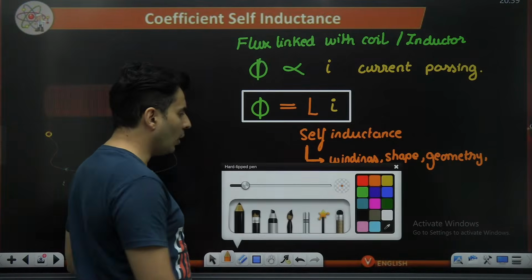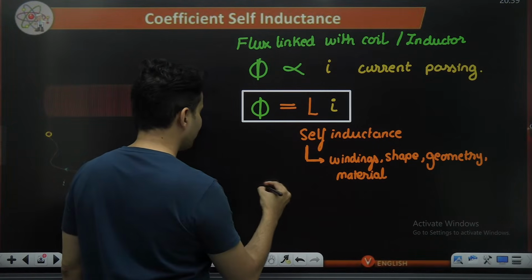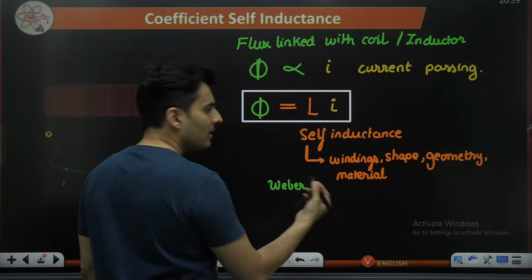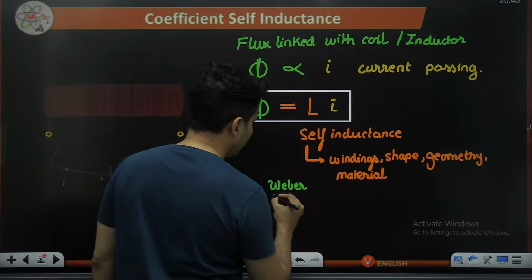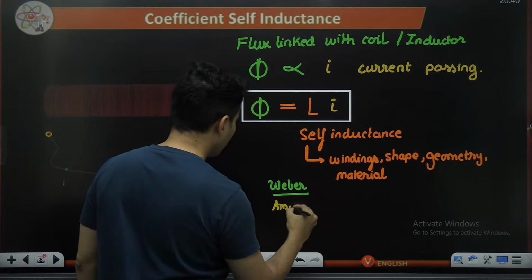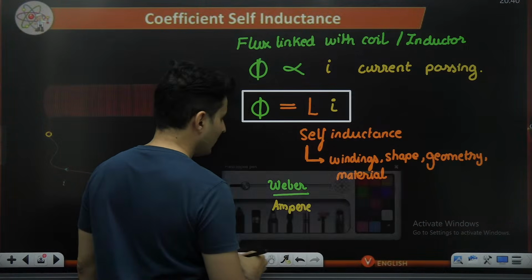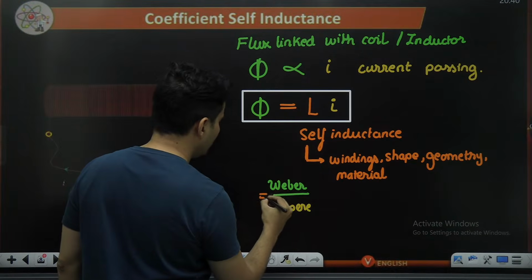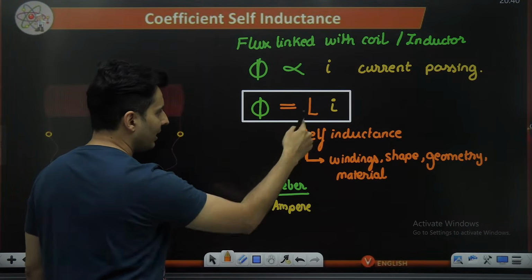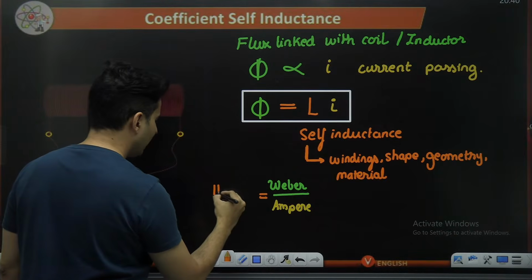Flux we all know is measured in Weber, or Tesla meter square, and current is obviously measured in ampere. So naturally we will then get the unit of inductance. Weber by ampere, phi by I is L, that is nothing but Henry.